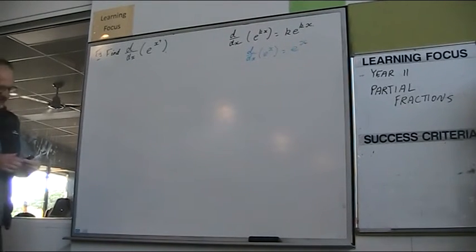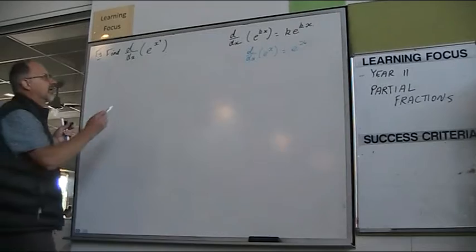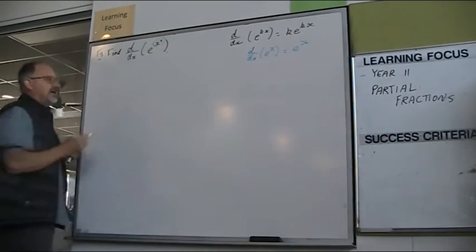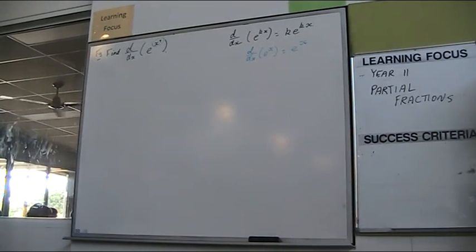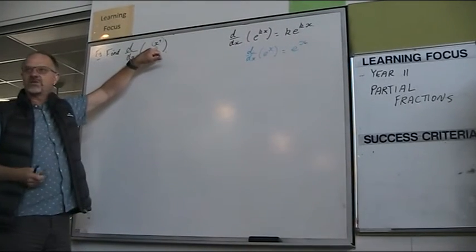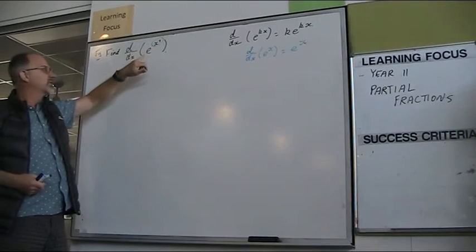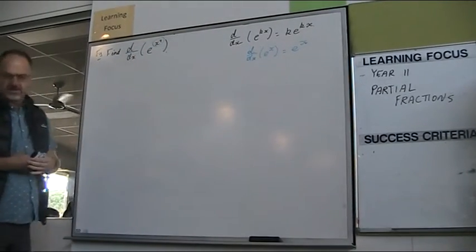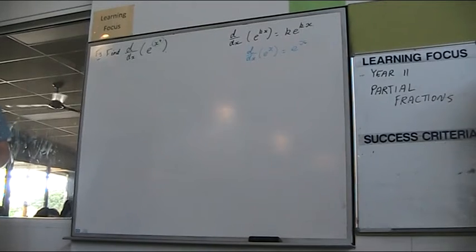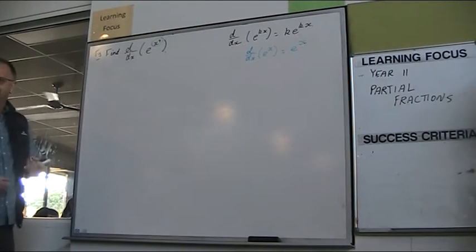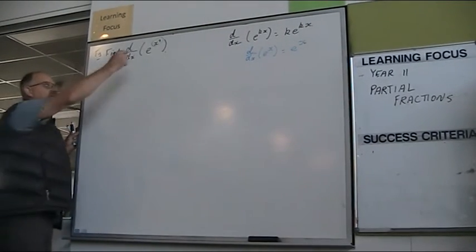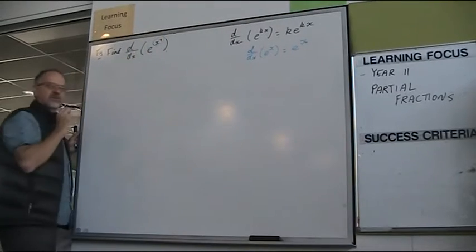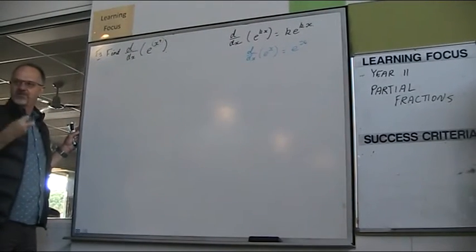But this time we've got this little extra thing in here, and it's not just x, it's x squared. So we've got x squared, which is a function, and then we're doing e to it. Whenever we've got a function inside another function, we do the x squared first, then we e it.